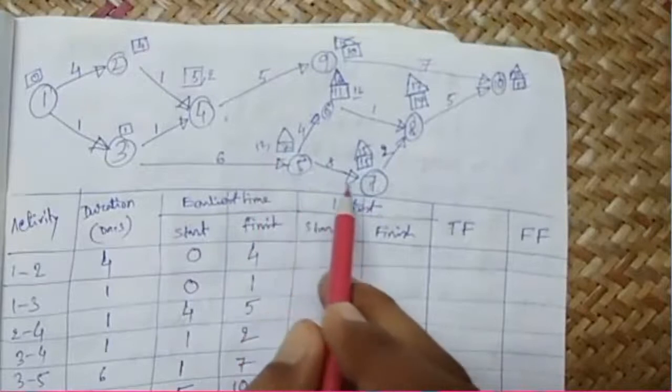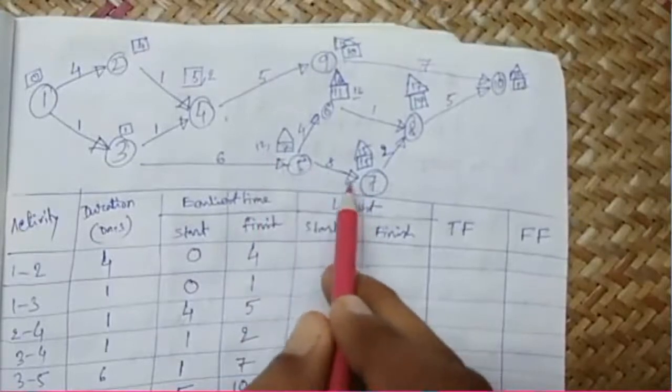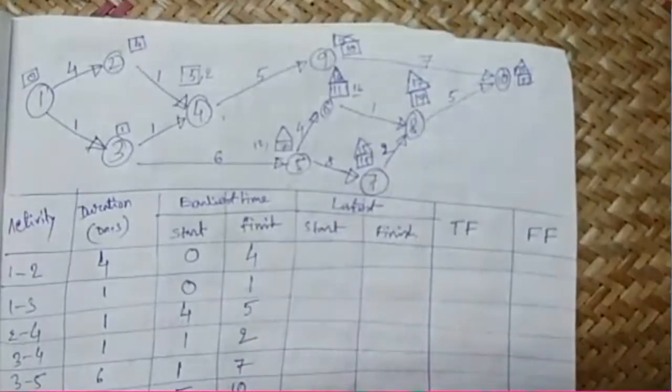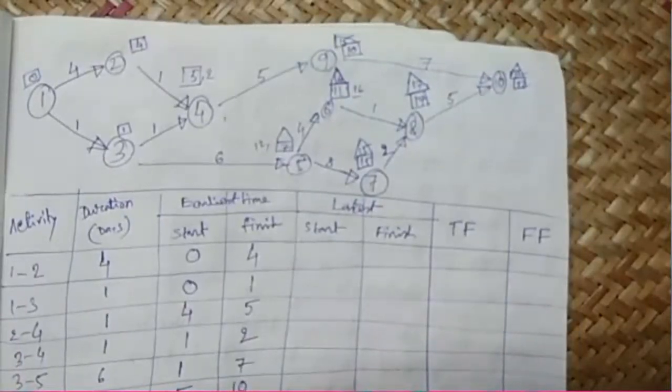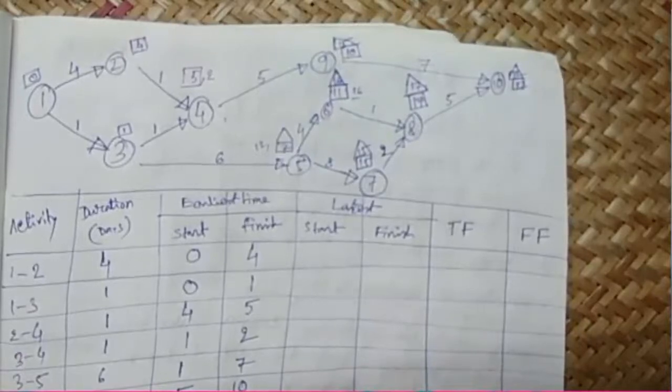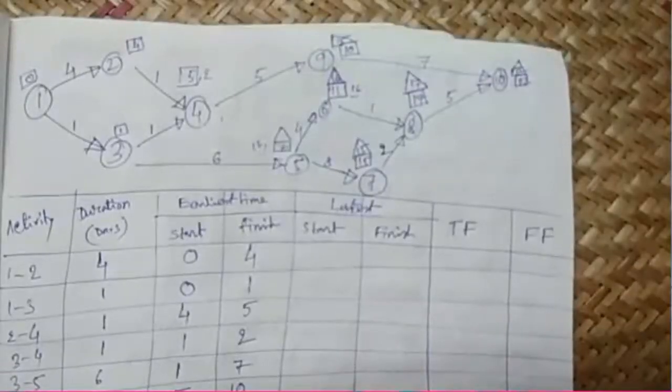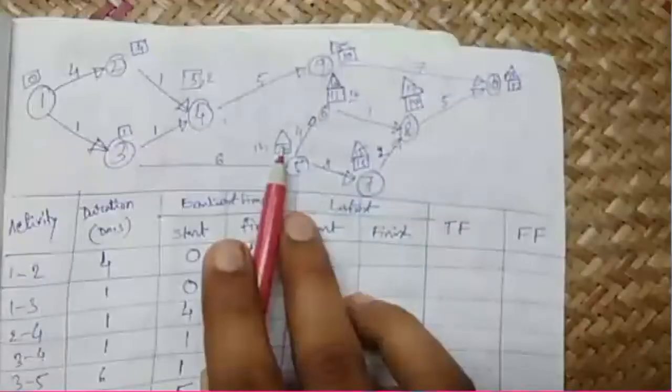Now if we look at 5 7, for 5 6 we will write in the chart that the latest start is 12, but on the triangle we will not write it because there is another path, which is 5 7.